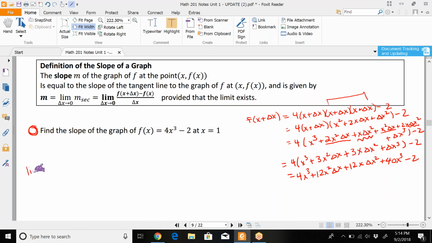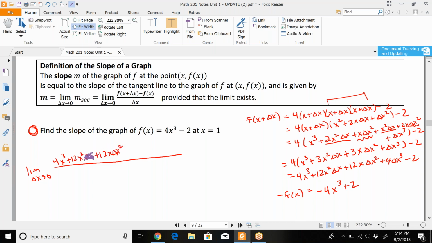So when we go to write our limit as delta x approaches 0, and that's just part of the top, by the way. We still have to do negative f of x, which is easy because we're just changing the sign of the function. So I'll go ahead and write that out. So this is going to be our big fraction bar here. And we have a 4x cubed plus a 12x squared delta x plus a 12x delta x squared.